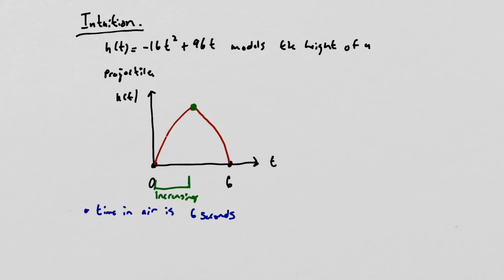After the projectile reaches a maximum height, our projectile starts losing height. This max height here is an example of an absolute max value.